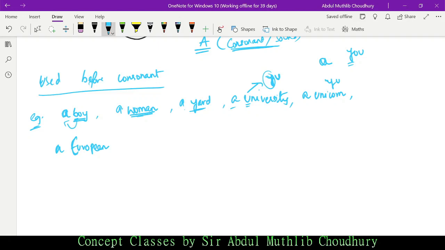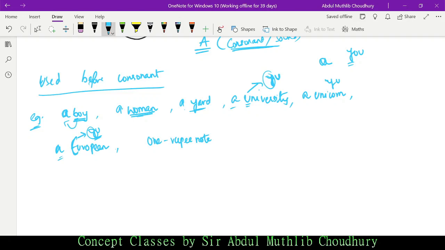Because we focus on vowel sound, not vowel letters. All right, European, yu, again y is placed, thus we are using a. A one rupee note.